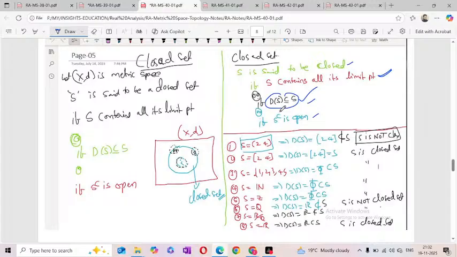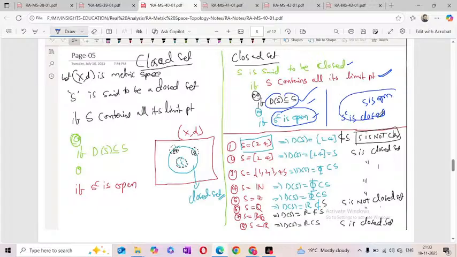And the complement: if the complement of S is open, then S is closed. Similarly for open sets: if the complement of S is closed, then S must be open.